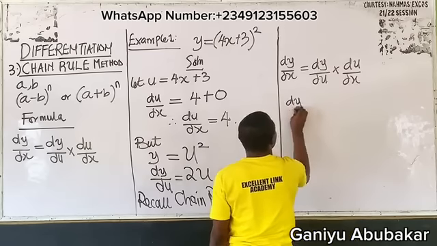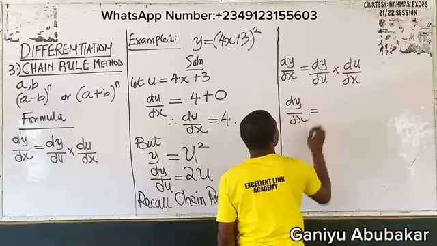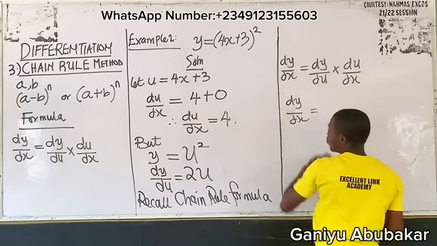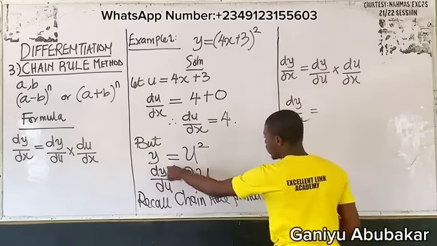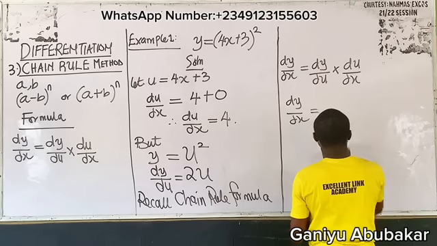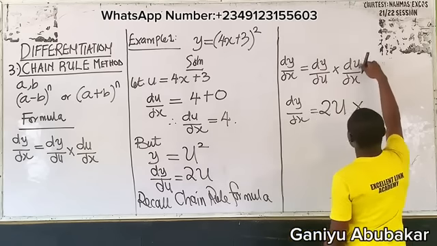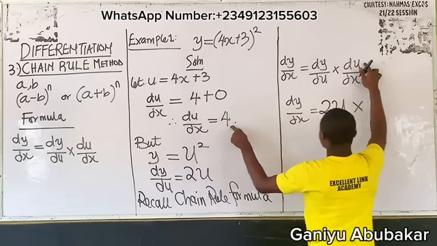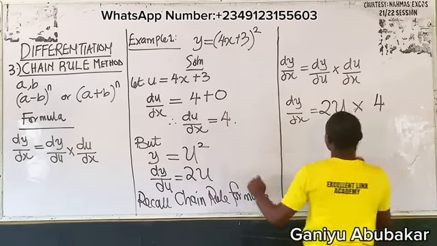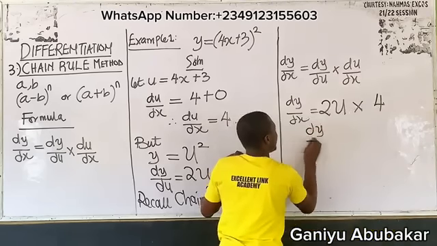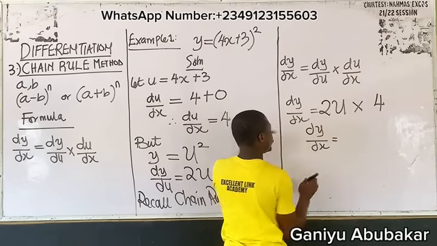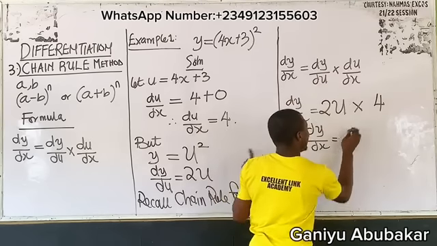Dy over du is 2u, times du over dx, which is 4. Hence, dy over dx will be equal to 2 times 4 is 8.